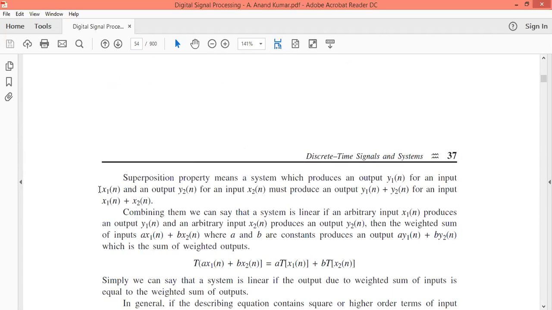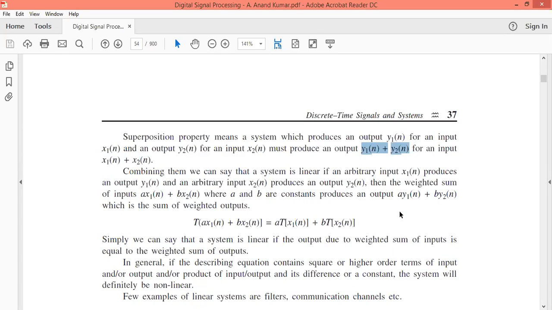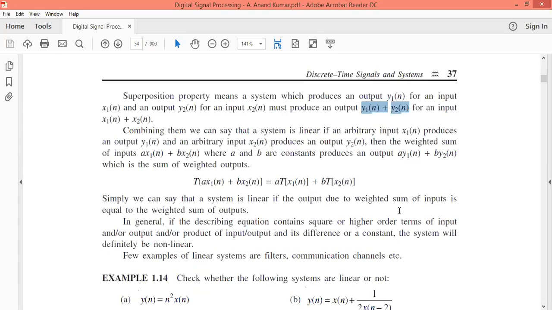If you apply x1 as the input, we get output y1. If you apply x2 as the input, we get output y2. Now if you apply x1 plus x2 as input, the output should be y1 plus y2. Then it is called the superposition theorem.